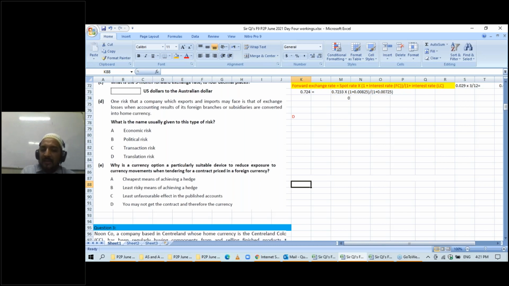So the best option is D. You may not get the contract and therefore the currency. So the currency option is the most suitable option here, where we can easily get an exit even if we are not successful in this tendering process. So the correct answer to this part E is D.